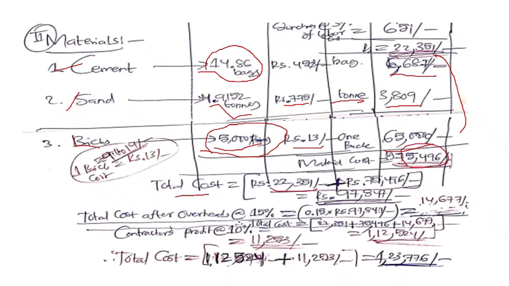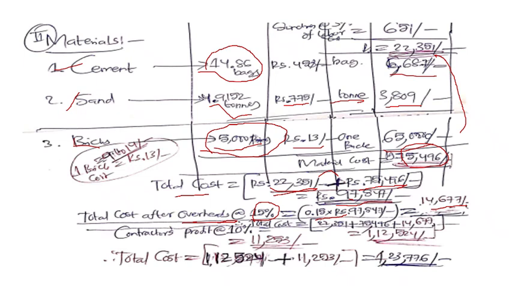So total cost is the labor cost including sundries plus this answer, the materials cost. These two are added, and the final answer is 97,847 rupees. Then to add overhead charges, 15% is taken. 15% of 97,847 is 14,677 rupees.